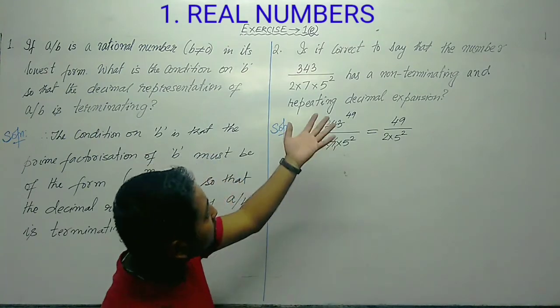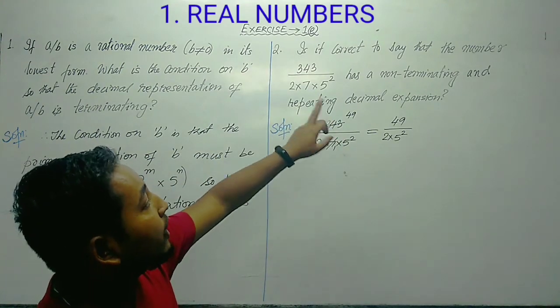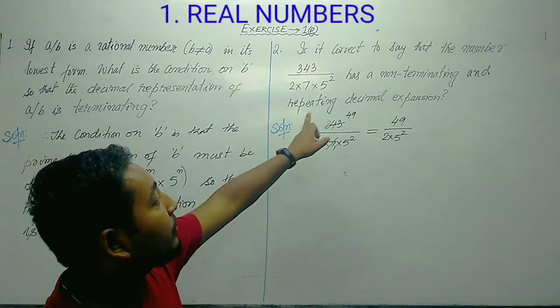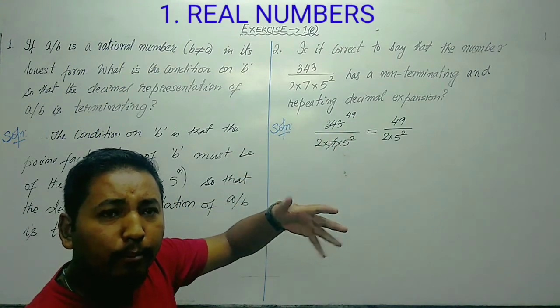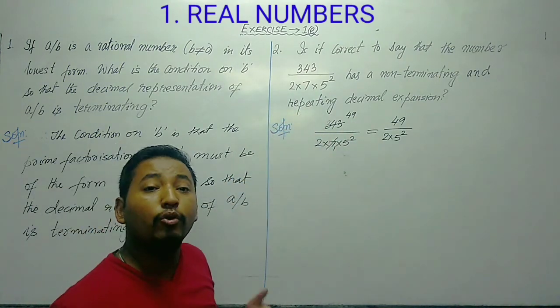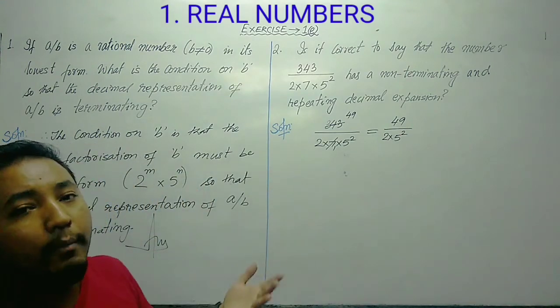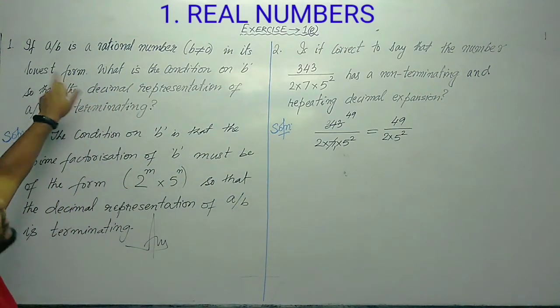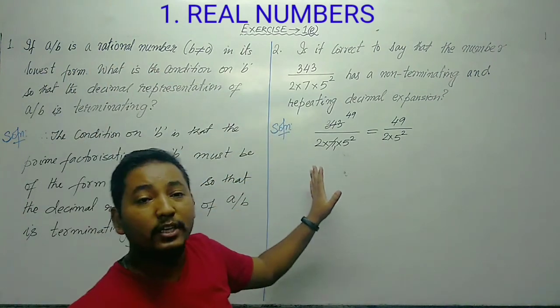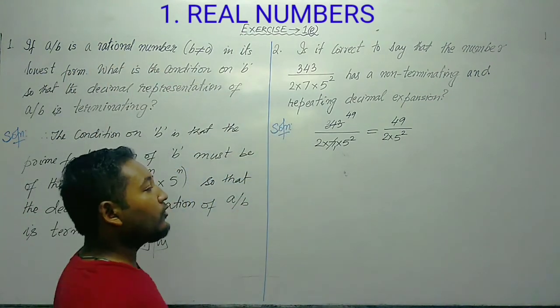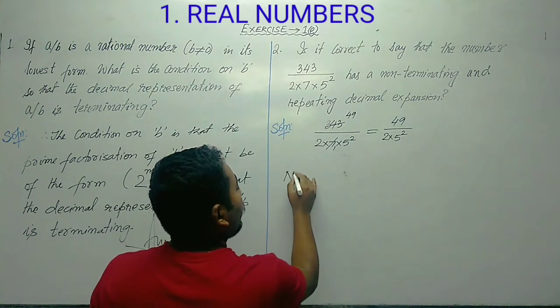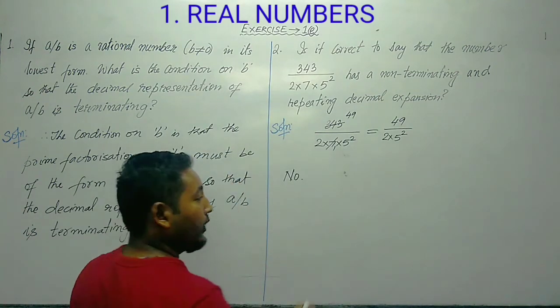So is it correct to say the number has a non-terminating and repeating decimal expansion? Because the number is not in the lowest form, and for us to say whether a number is non-terminating or terminating, it has to be in the lowest form. Very important. So the answer will be, is it correct? No, it is not correct. Why?